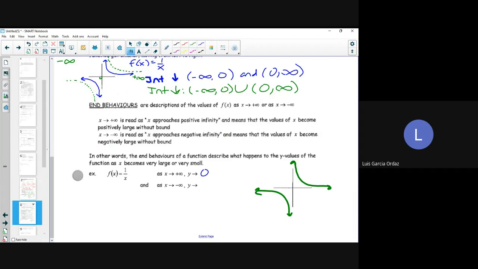So as x approaches negative infinity, as x keeps going this way, what does y approach? Zero, because it gets closer and closer to the x-axis, but it doesn't actually hit 0. Infinity is positive when it's on the right side of the graph, and negative infinity is on the left side of the graph, on the negative axis.